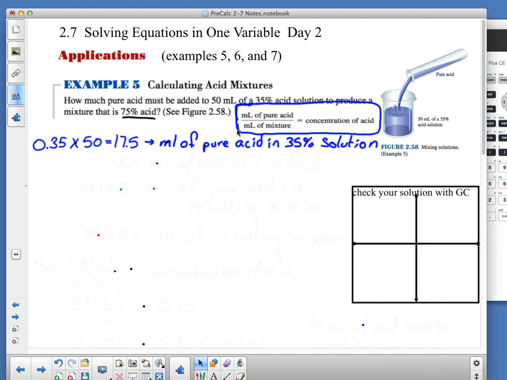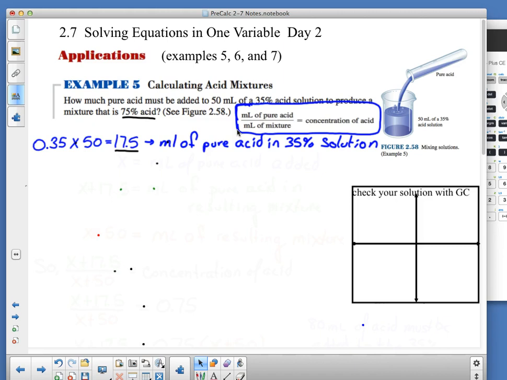We just have to know how to get to our pure acid concentration. I have pure acid of 17.5. Well, 17.5 divided by my entire mixture, 50, gives me 35%. So that's where this idea of 35% comes from.